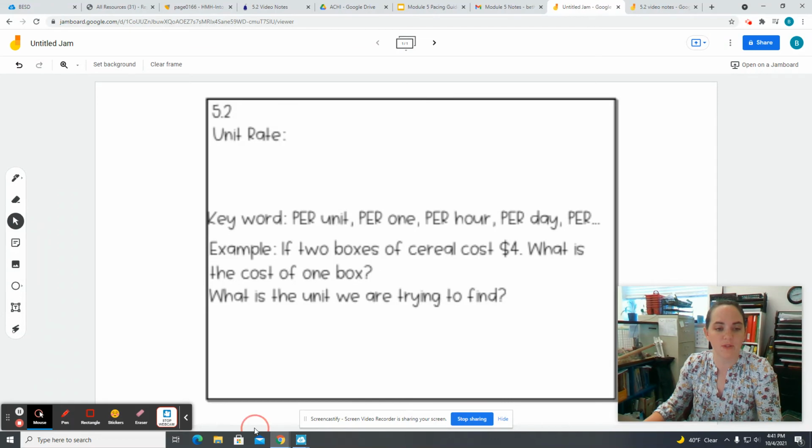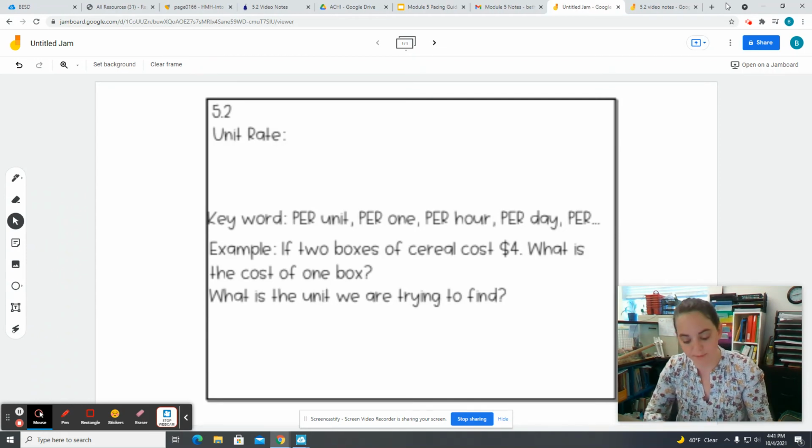Now let's move on to this next one. There's a different type of rate called a unit rate. Okay, sorry, I had to open the right window here. It's a different file.